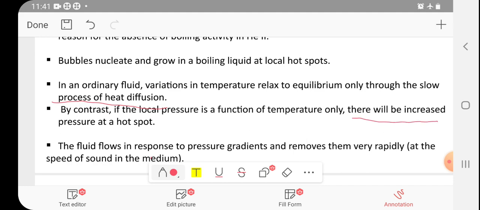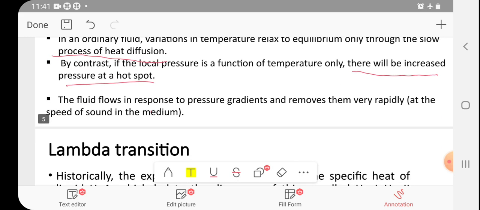The fluid flows in response to pressure gradients. So if there is some pressure gradient, the fluid must flow and remove the pressure gradient very rapidly. How rapidly? At the speed of sound in the medium. So these are the different activities for helium 2.